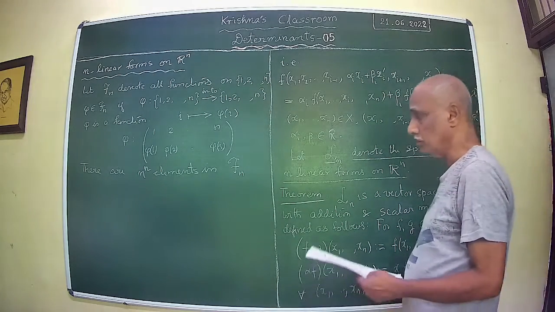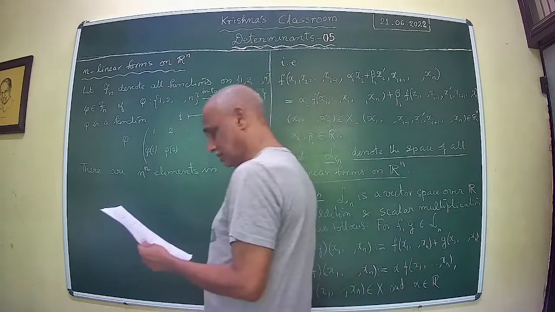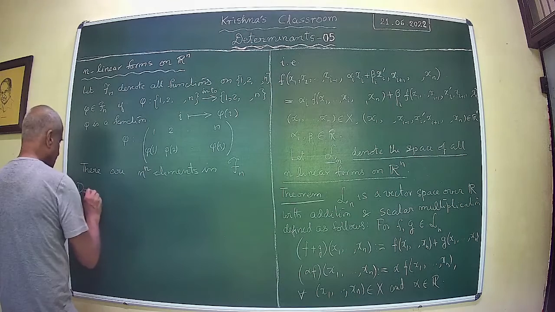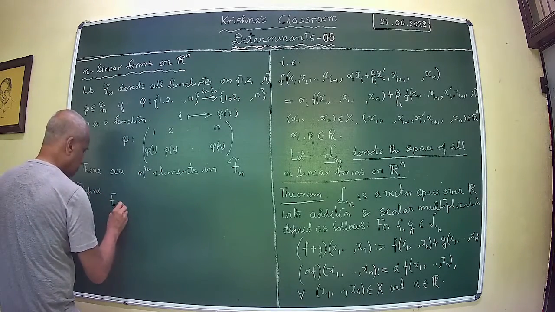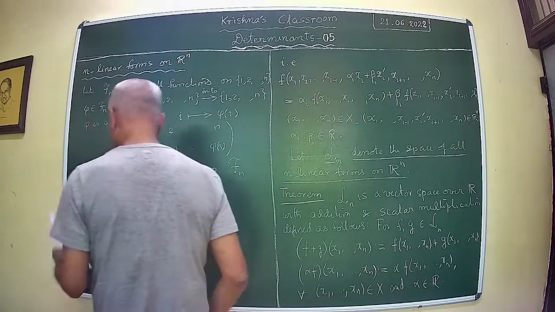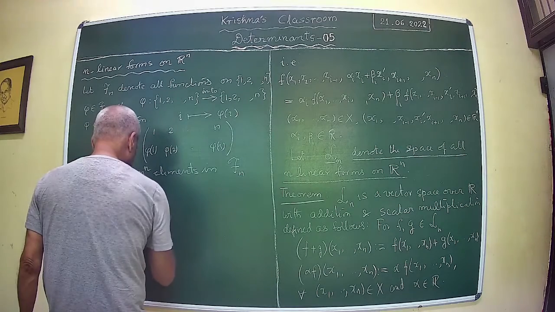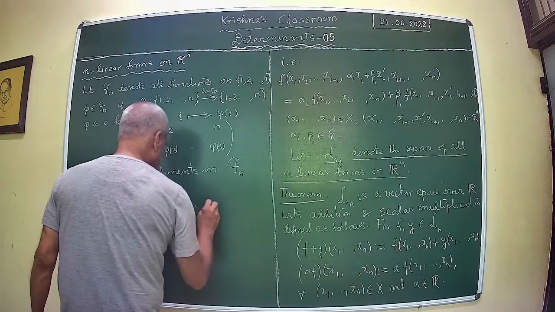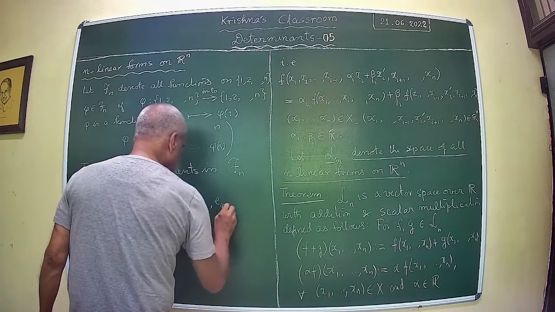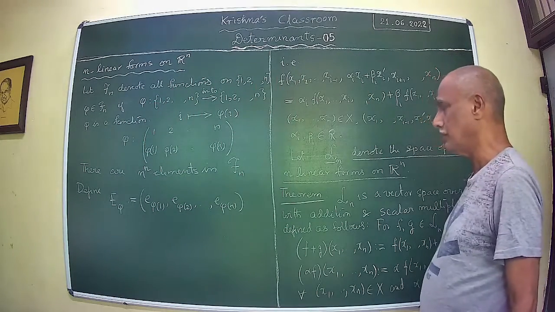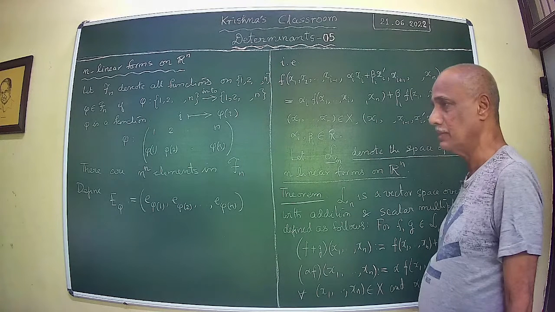So we now introduce another handy notation. Define E phi as the n-tuple (E phi(1), ..., E phi(n)), where E1, E2, etc., En form the standard basis for Rn. We have already said what exactly E1, E2, En are.